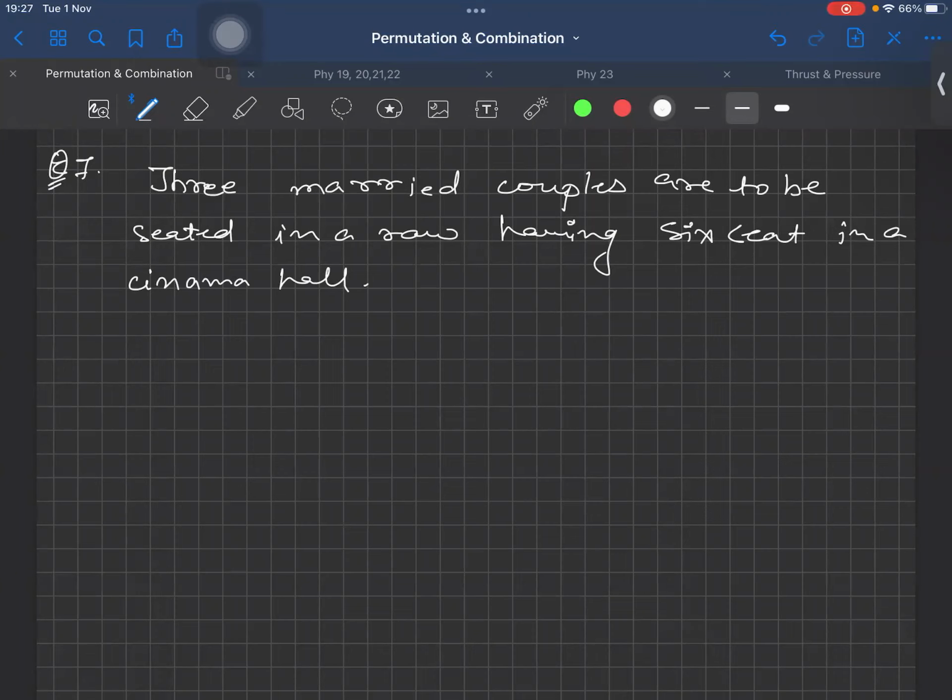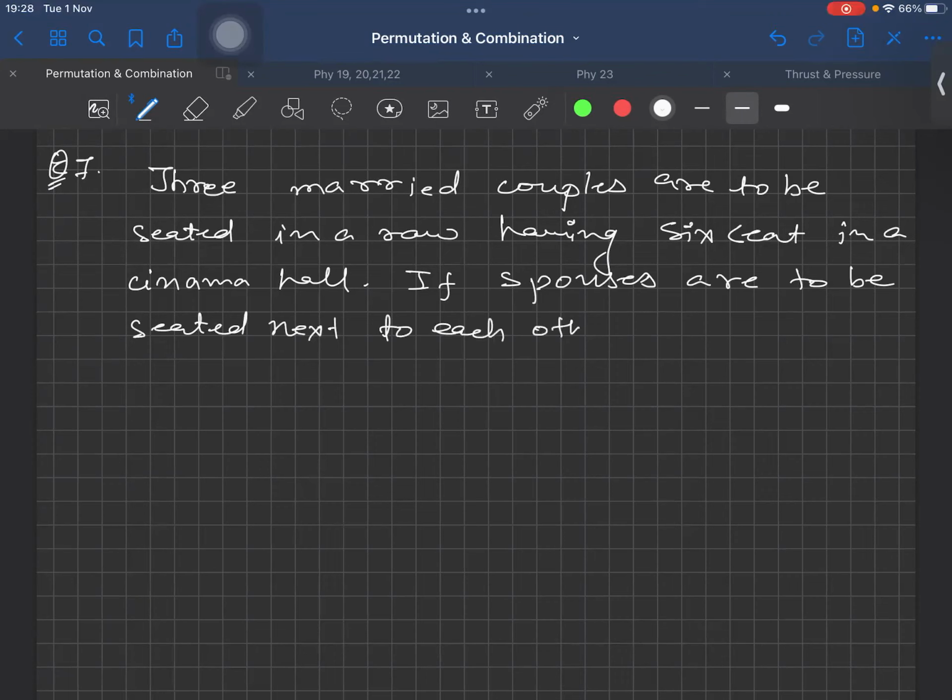Okay, so the couple will sit together. So in how many ways can they be seated? Find out.